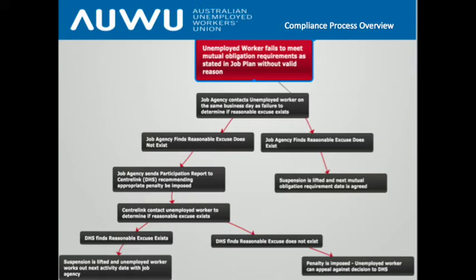So in this case, the job agency would pass on a participation report to Centrelink, essentially recommending the appropriate penalty be imposed. Then it's up to Centrelink to start this process all over again, and they try to call the unemployed worker to see if a reasonable excuse exists, and basically make sure that the job agency has done its job.